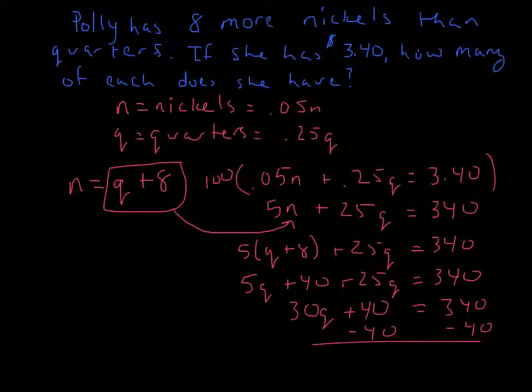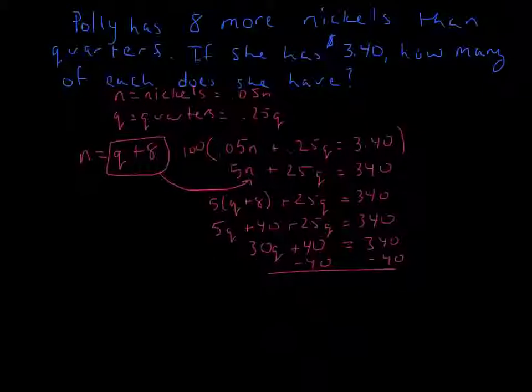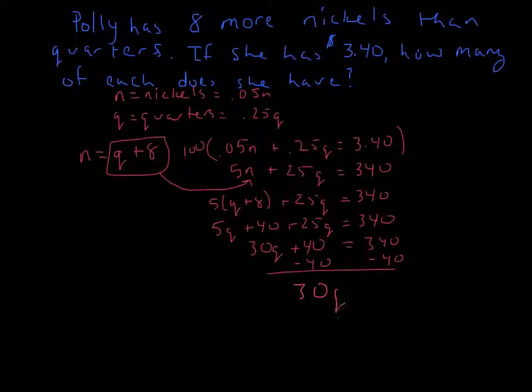I'm going to shrink it down because I'm running out of space. So we got 30Q equals 300. Divide by 30. And Q equals 10. So we got 10 quarters.